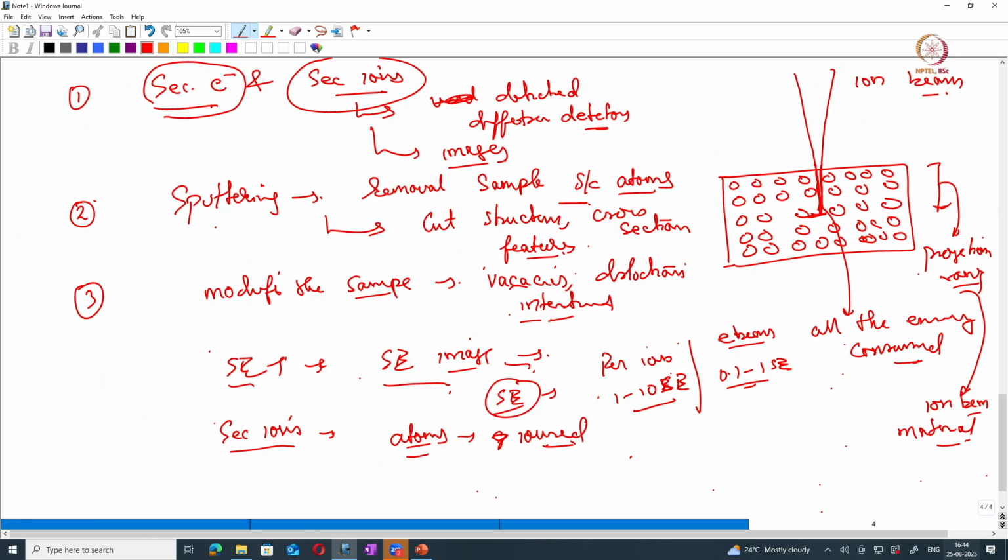This is followed by these ions being knocked out. Correct. And these secondary ions usually carry chemical information about the specimen surface.